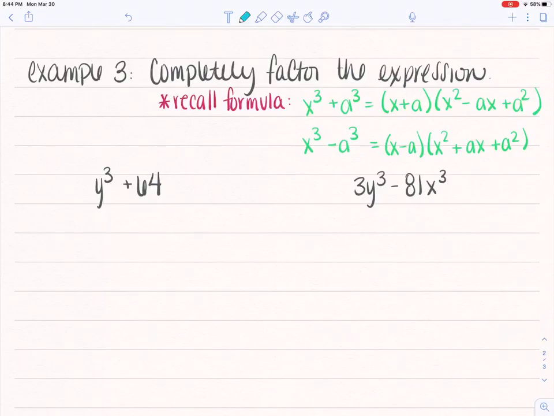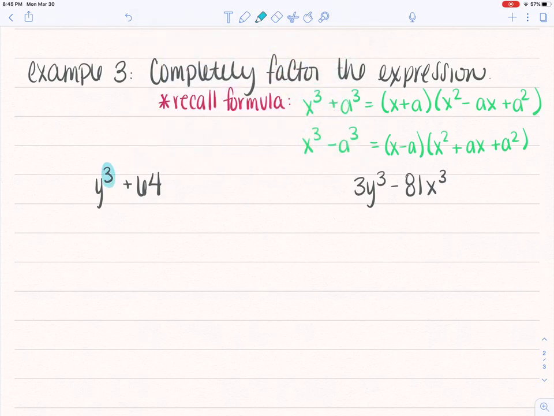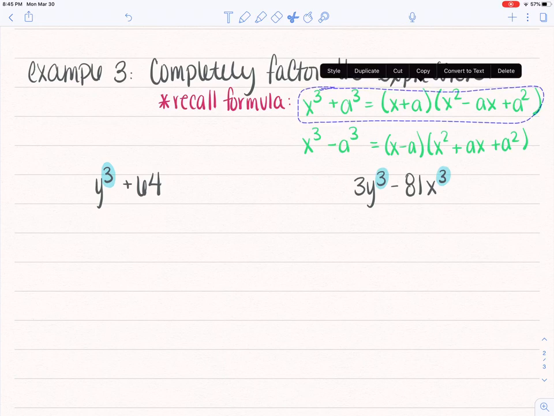My last example, notice that the degrees on these now have changed. The degrees have turned into cubes. So I am going to use my perfect cube, sum or difference of cube formula. For this one, I'm going to use the sum because, as you can tell, it's an addition sign.